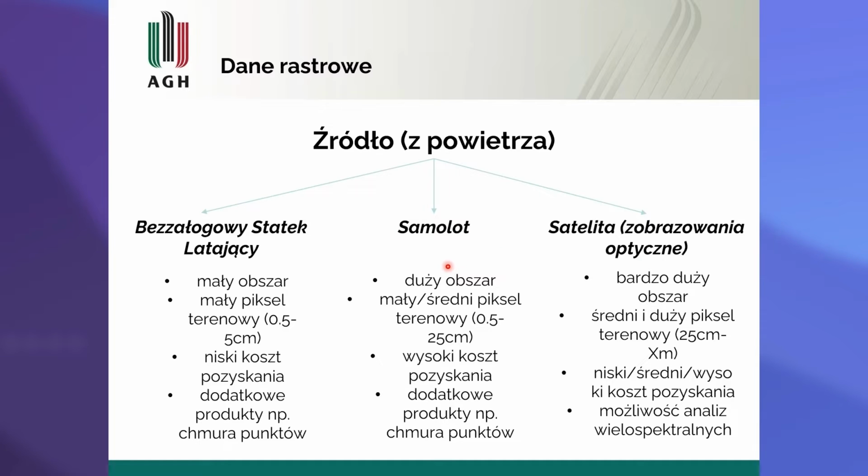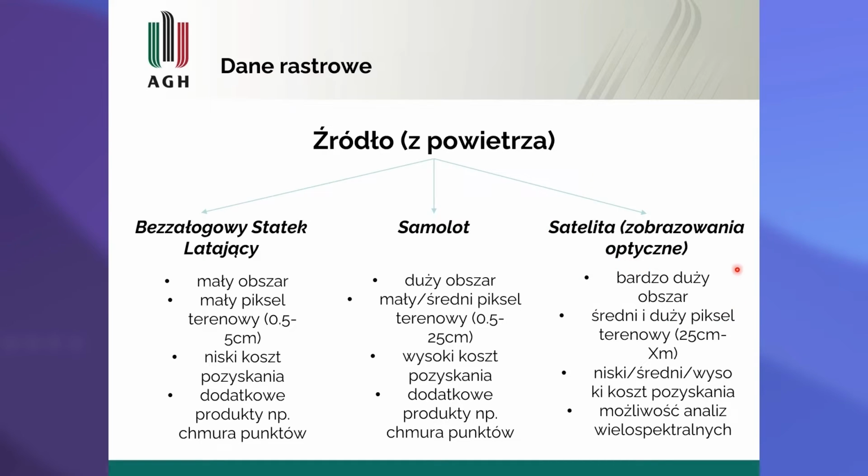Then the plane. Just like drones, but it is already able to cover a much larger area, often with a bit larger terrain pixel. It results from the height of taking the pictures. The cost of obtaining is much higher, but just like with unmanned flying objects, we have the possibility to obtain additional products like a point cloud.